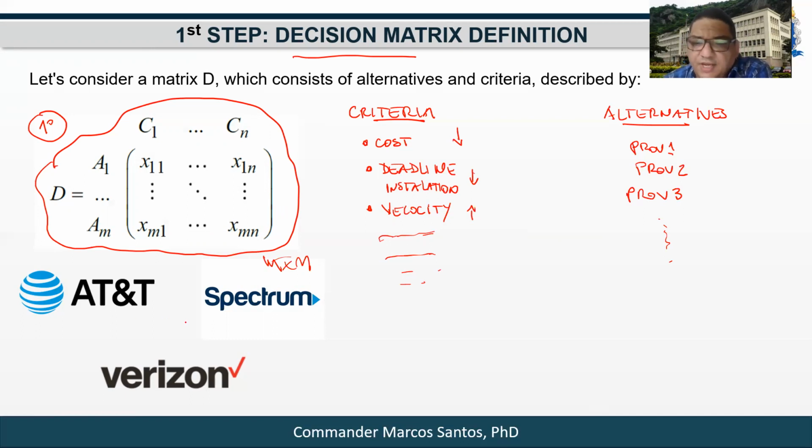So in this case, we have provider 1, provider 2, and provider 3.